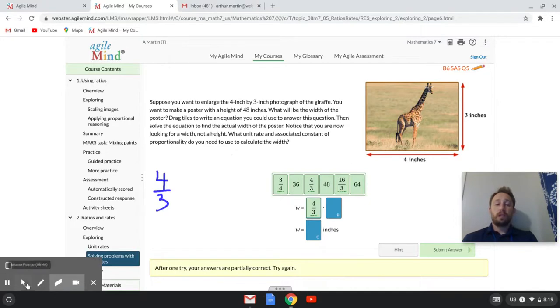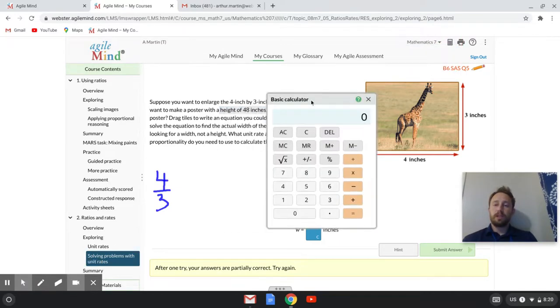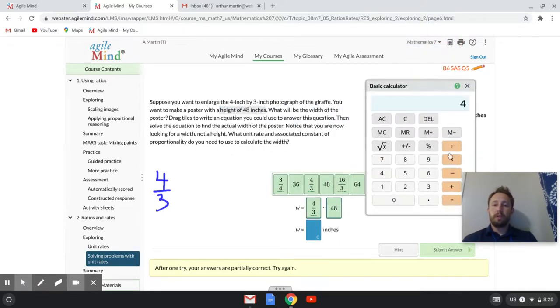We know that the number of inches that we already had for our height is 48 inches. So we want to take 48 inches and multiply it by 4/3. In a calculator, we can do 4 divided by 3, and then multiply this by 48. And that lets us know that our new width is how many inches? 64 inches.